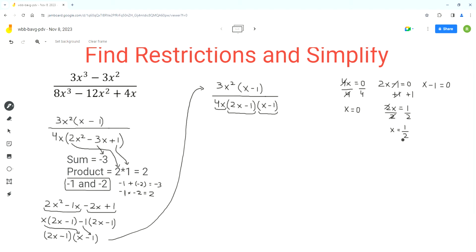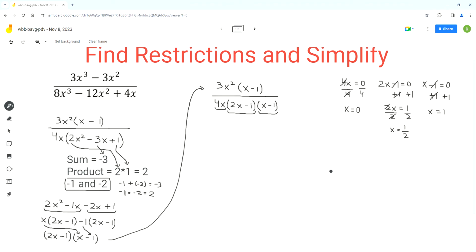So this is our second restriction. And now for the third factor, so we add 1 on both sides to isolate x on the left side. So the 1's on the left side cancel each other out, so we get x equals 1. So this is our third restriction.